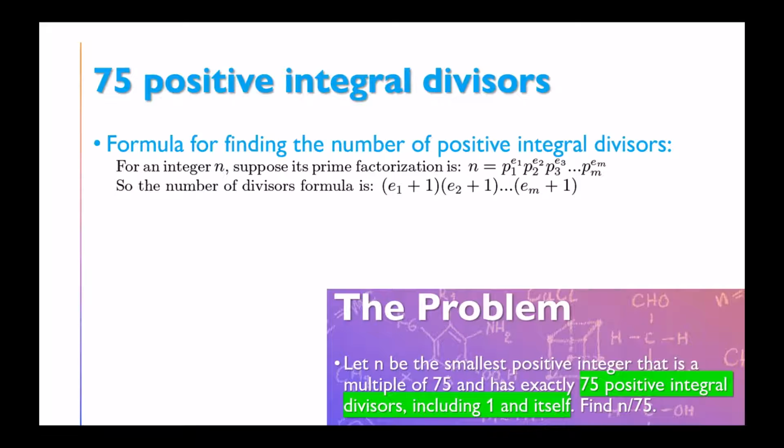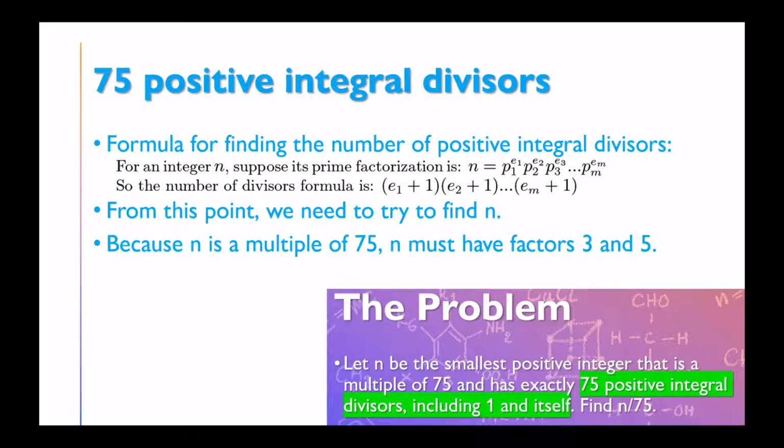So it's e1 plus 1 times e2 plus 1 times ... until em plus 1. From this point, we need to find n, because we need to find n over 75.